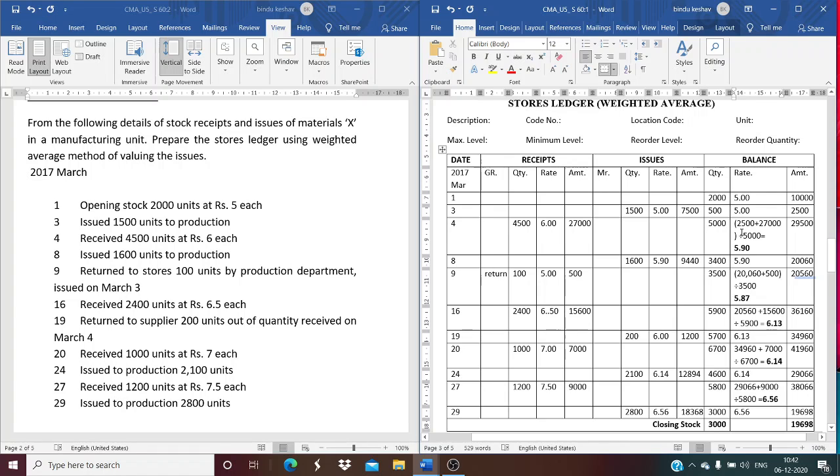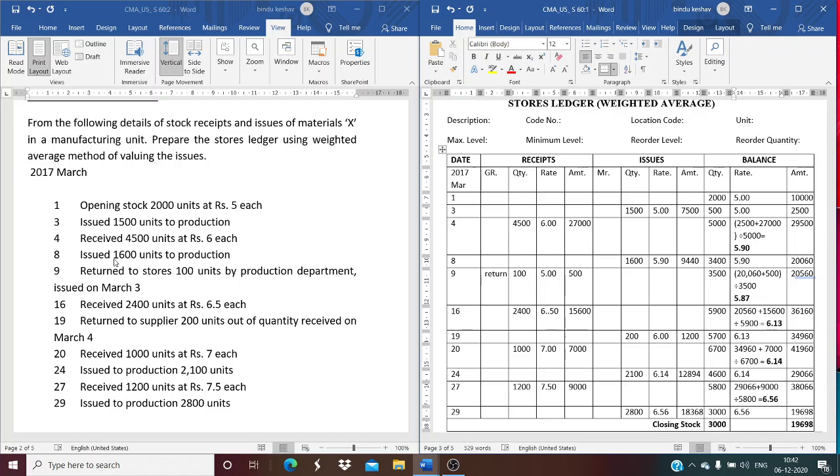The weighted average price will be the value of materials in stock, 2500 plus 27,000, divided by 500 plus 4500. So 2,500 plus 27,000 divided by 5000, that is 29,500 divided by 5000. It is 5.90. 5.90 is the weighted average price.